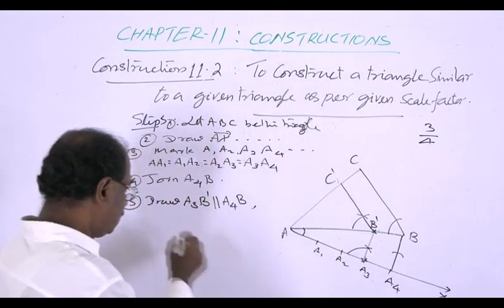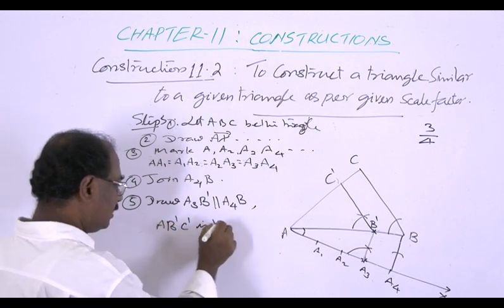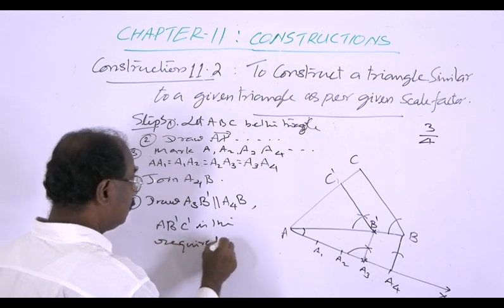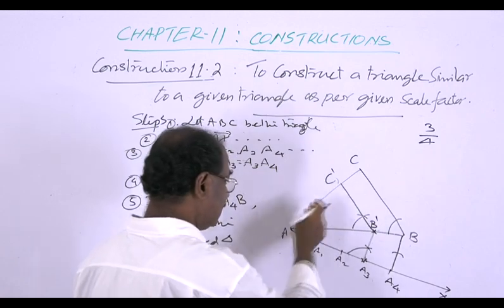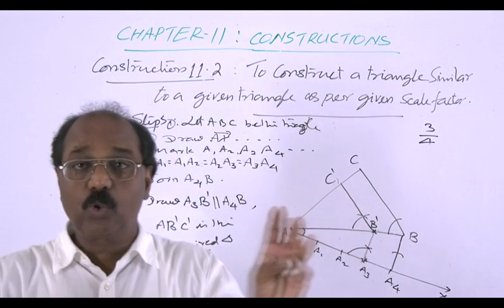Then AB dash C dash is the required triangle. AB dash C dash is the required triangle, and that is our construction overall.